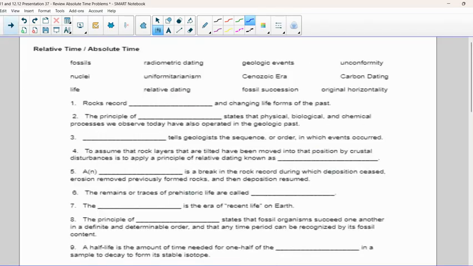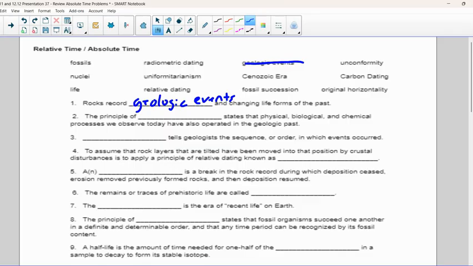Okay. So then we get to the new stuff that we're doing right now. And some of these words you haven't been exposed to yet. But rocks record changes in life forms and geologic events. Okay, so then I can cross out geologic events right over here.